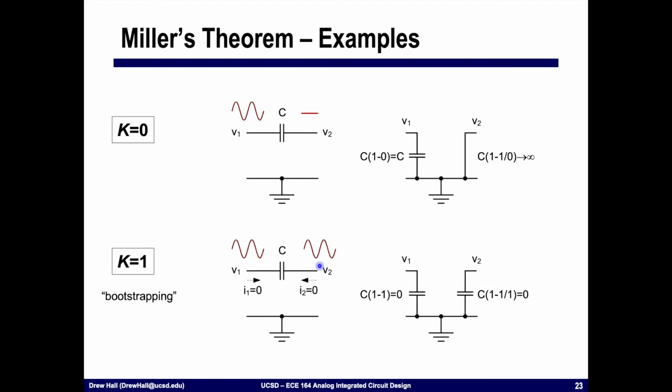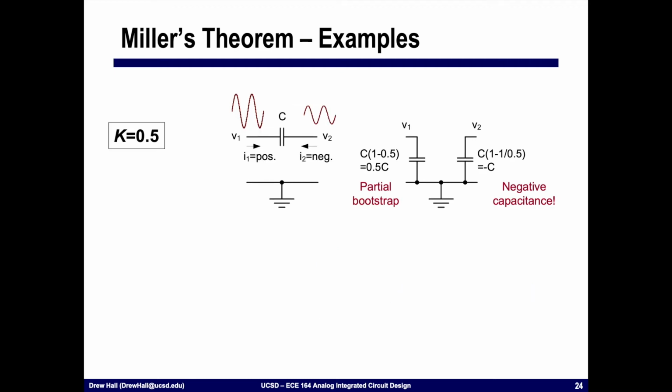If the input and the output are identical, it means that there's no current that is going to flow across this capacitor. It doesn't matter if I'm looking from the input side or from the output side, effectively no current. Mathematically, what this means is that when I look at the capacitance, it looks like there's no capacitance there. I get 0 on both sides.